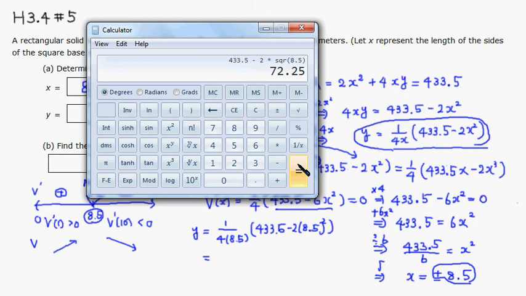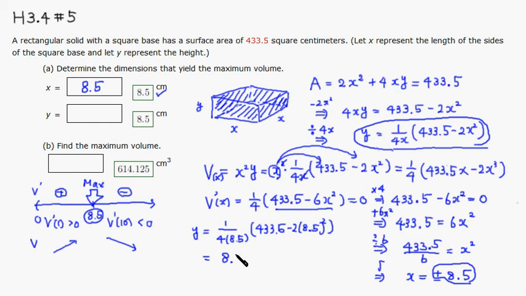Okay, and then get the value divided by 4, divided by 8.5. Sorry it took so long. This came out to be 8.5 as well.